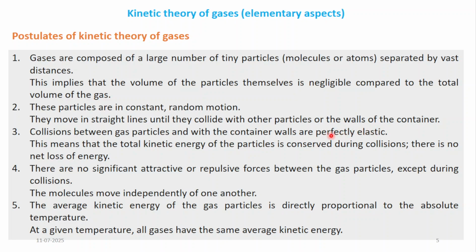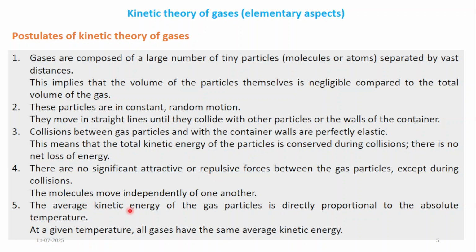As I told you, students, this is valid only for ideal gas, not for non-ideal or real gases. It cannot be perfectly elastic in all the cases. But for ideal gases it is assumed that collisions are elastic. There are no significant attractive or repulsive forces in the ideal gas, but that cannot happen in the real gas.